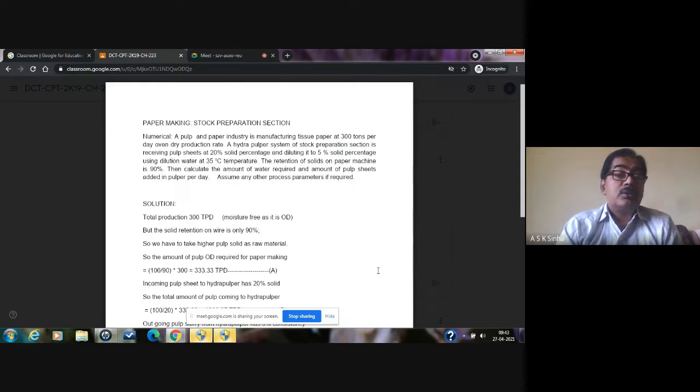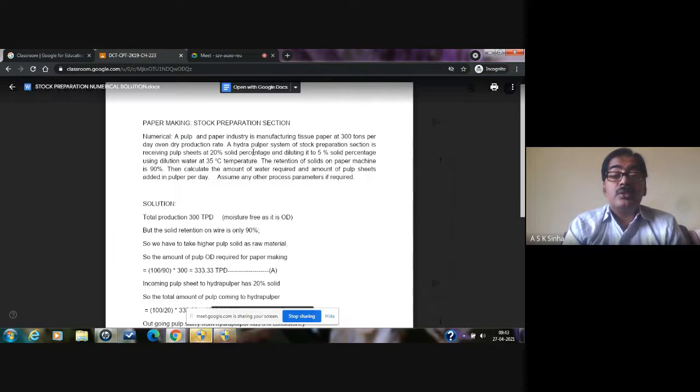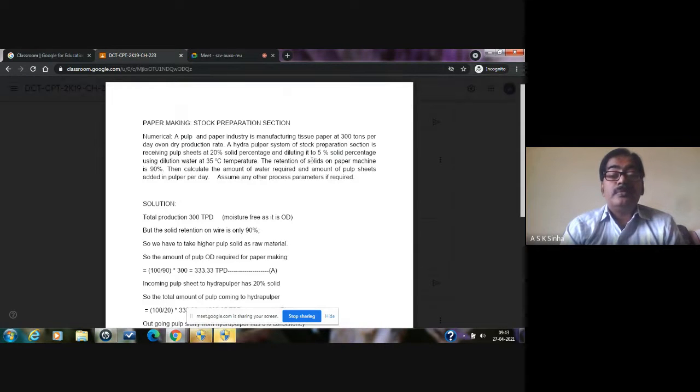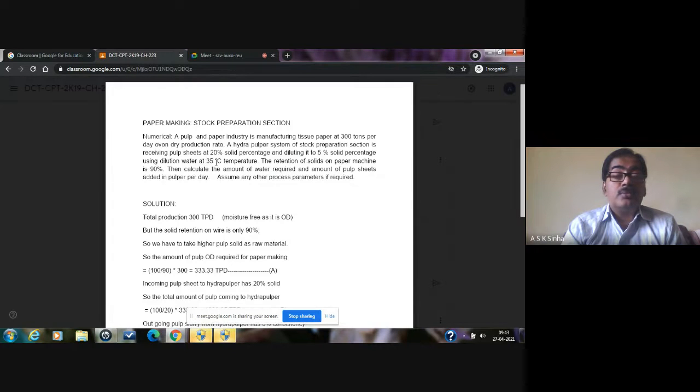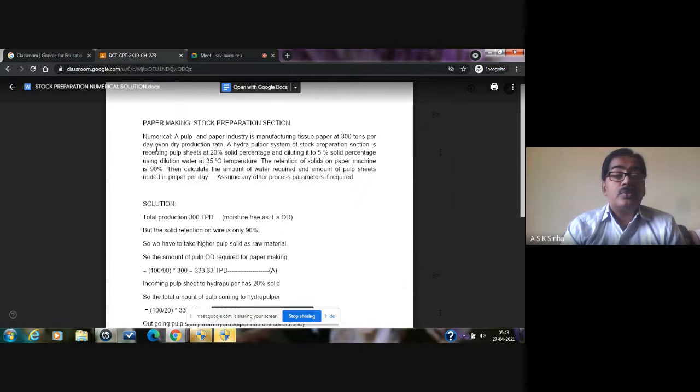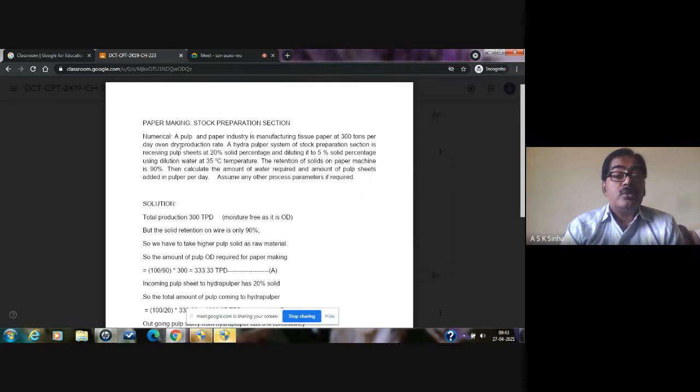So it will take the pulp at medium consistency, like here it's coming at 20% solid percentage, and then diluting to 5% solid percentage using dilution water at the normal temperature of 35 degrees Celsius. This industry is manufacturing tissue paper at a production rate of 300 tons per day. This production rate is given on the OD basis, oven dry production rate.